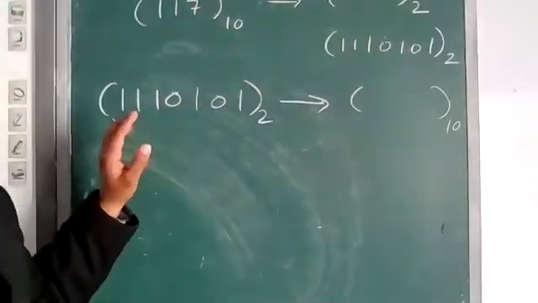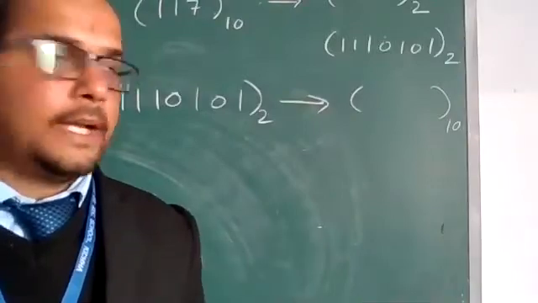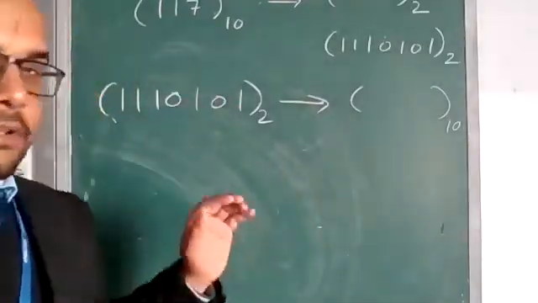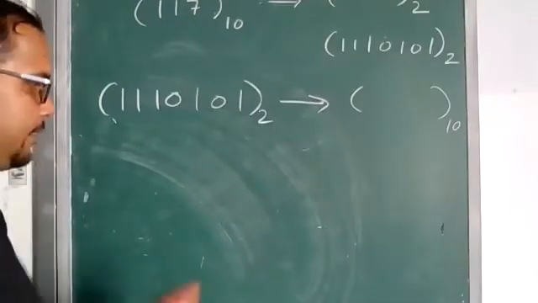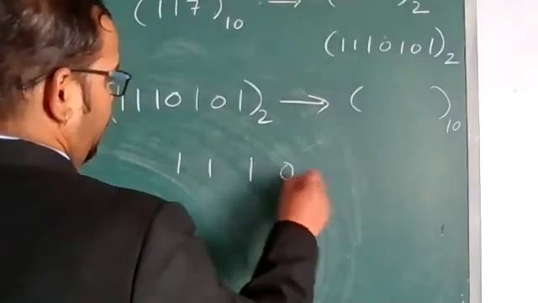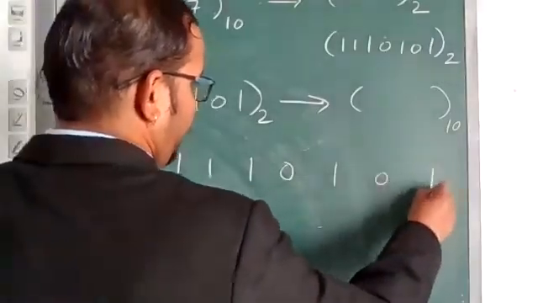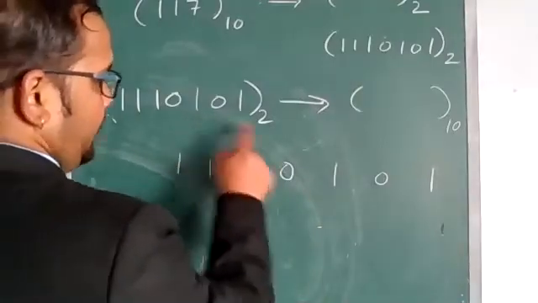ठीक है, if you want to convert any other base number to decimal, then you have to multiply this number by the powers of the other base. Like 1 1 1 0 1 0 1.